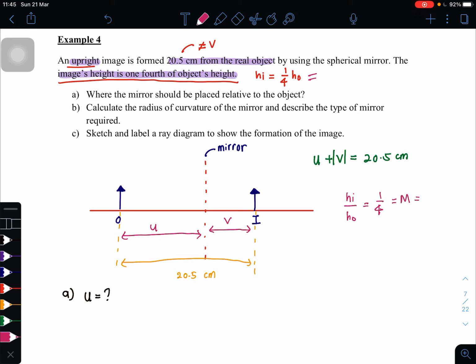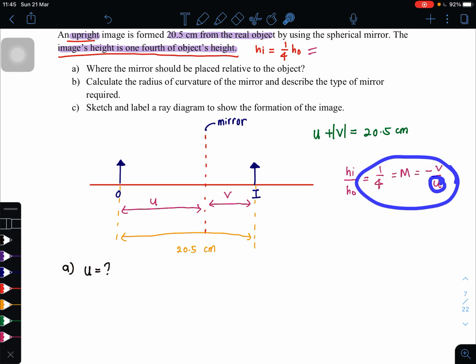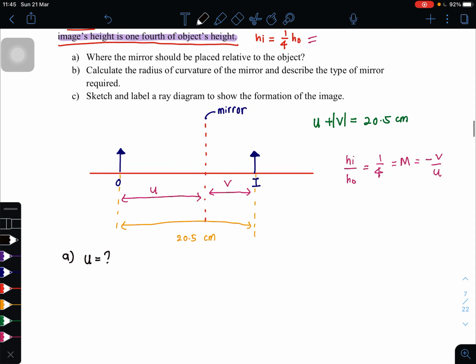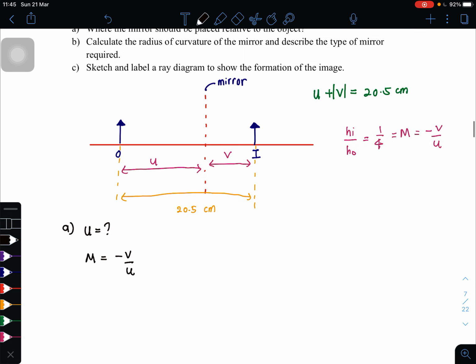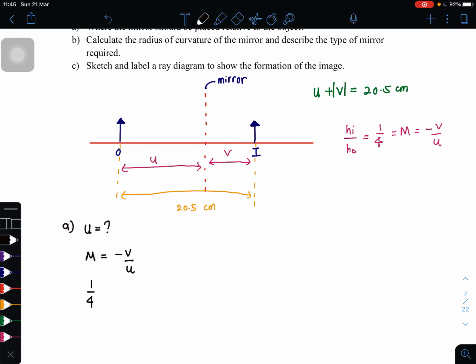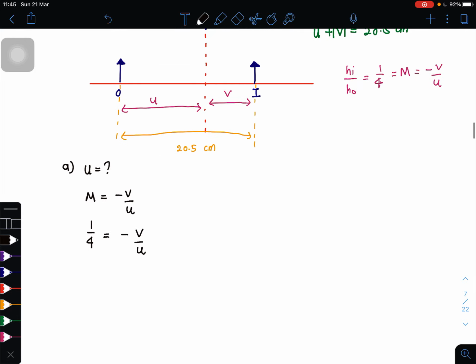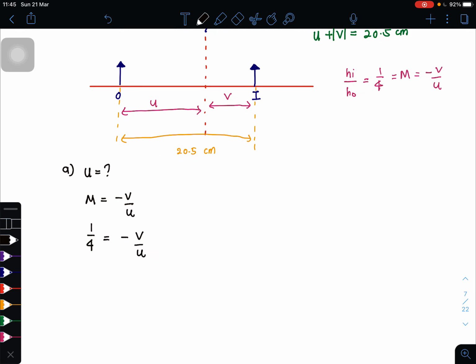And we have another formula for magnification, which is M is equal to negative V over U. So we can use this information here to find the value for U. Okay, so we have M is equal to negative V over U, di mana M adalah 1/4, which is equal to negative V over U. So if we rearrange this one, kita akan dapat V sama dengan negative 1/4 U.